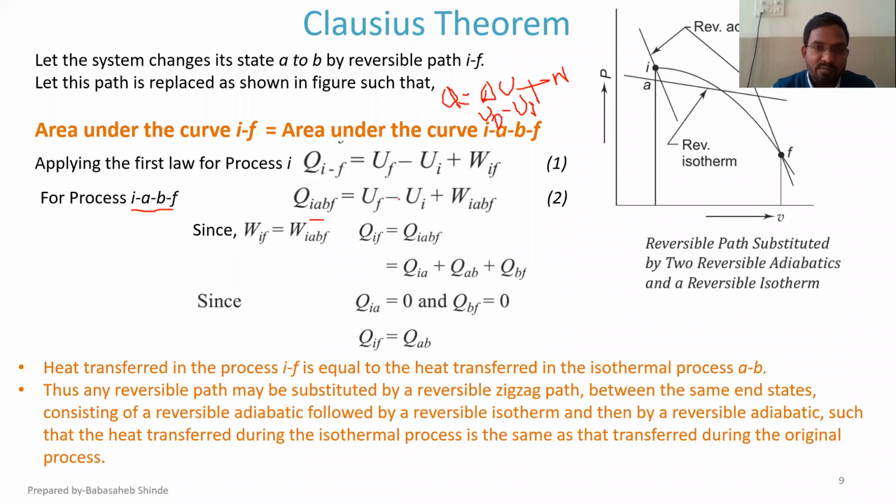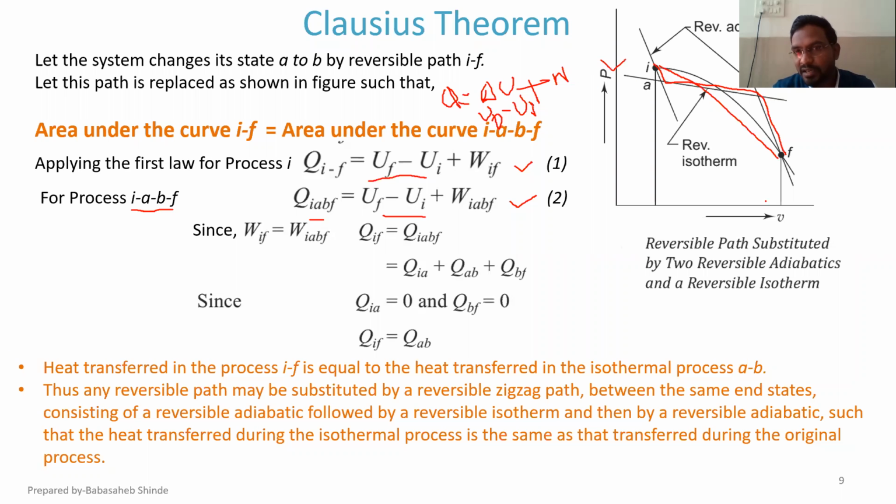Now, if you observe equation number 1 and equation number 2, the change in internal energy is U final minus U initial in both. So those two quantities are the same. And while drawing this process IABF, what care have we taken? Area under this IABF is equal to area under the curve IF.